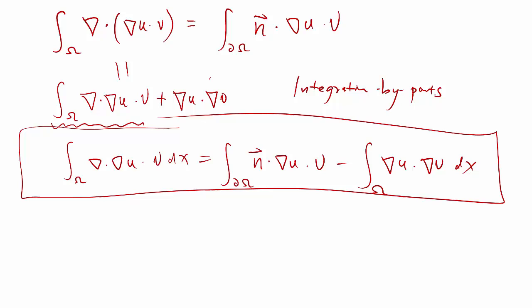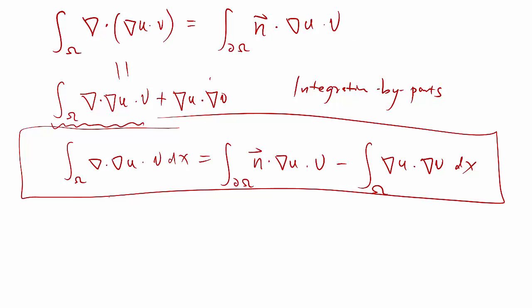Have you encountered this before? You have? Nice. Okay, good. So most of us have encountered integration by parts in 1D, but in multiple dimensions, you can derive that from the divergence theorem.